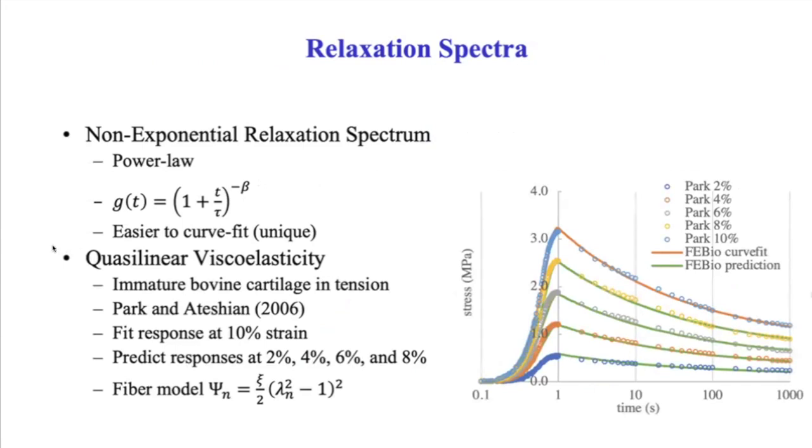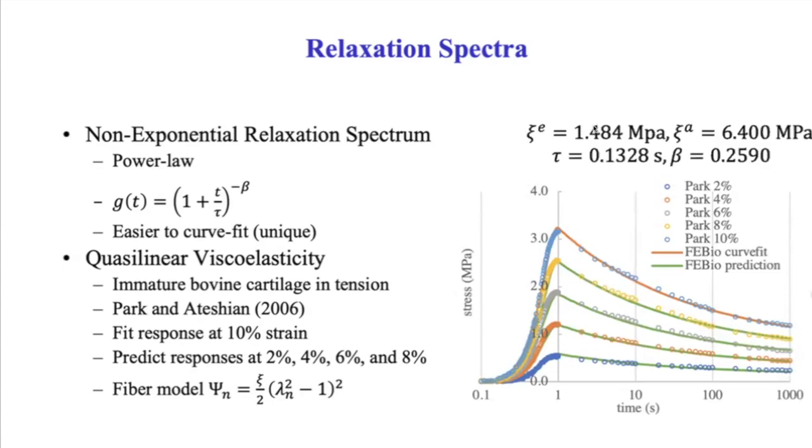I went back to the data from my student that we published in 2006, and we refitted it. We fitted the strain response at 10% strain, the stress response. We got the orange curve. And from that, we got these material properties. This is for the strong bonds, this is for the weak bonds, and this is the relaxation function.